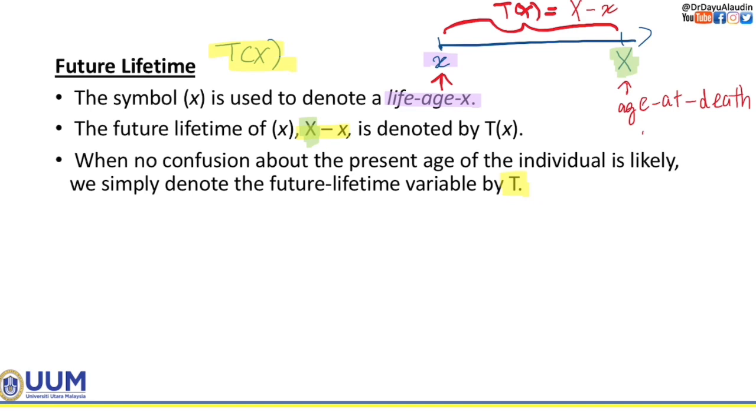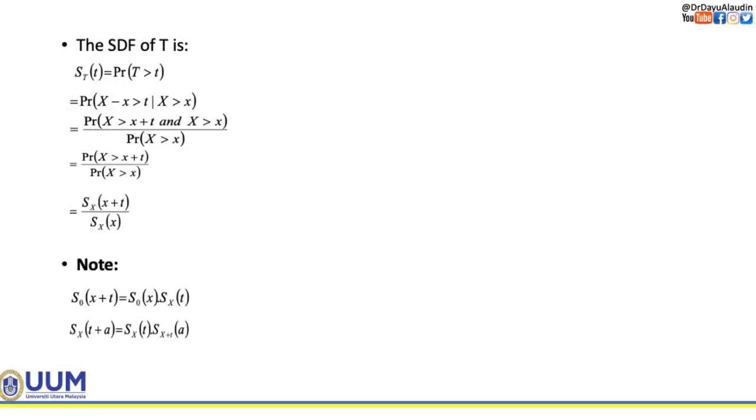Okay. So the first function is the SDF of T, or the survival distribution function for T. When we write it in terms of probability, it is T must be greater than t.